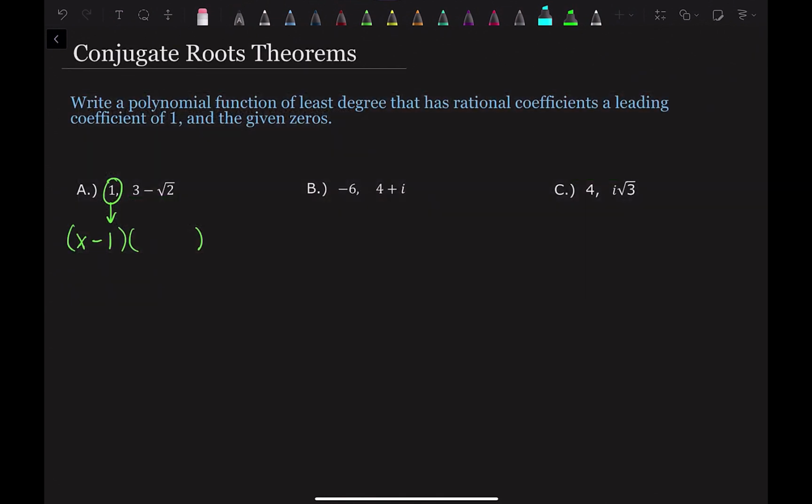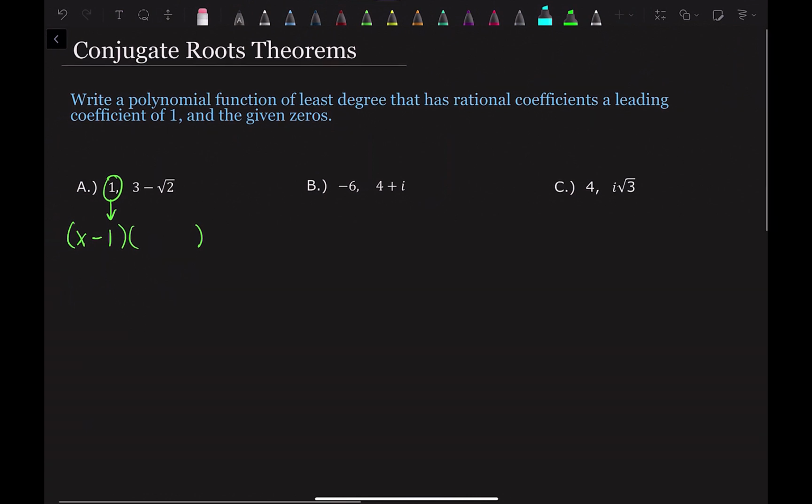What it guarantees is that if we were to simply put x minus (3 minus root 2), when I FOIL this out, I would get a polynomial that still has a root in it somewhere. But if I specifically want one with rational coefficients, I have to also say that not only is 3 minus root 2 a root, so is 3 plus root 2.